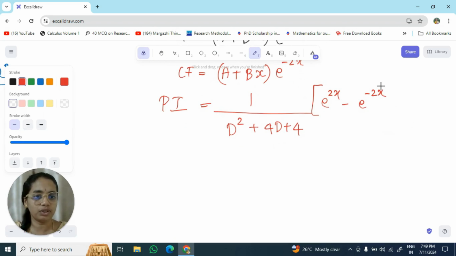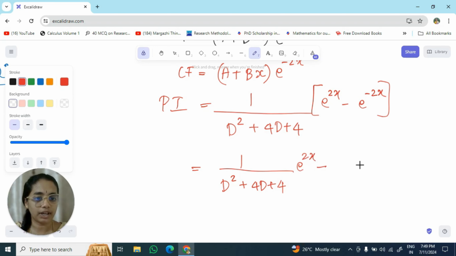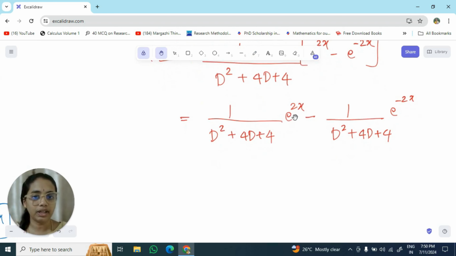Again, since we have two terms, let us just give it to each term. So we have 1 by (D square plus 4D plus 4) e power 2x minus 1 by (D square plus 4D plus 4) e power negative 2x.